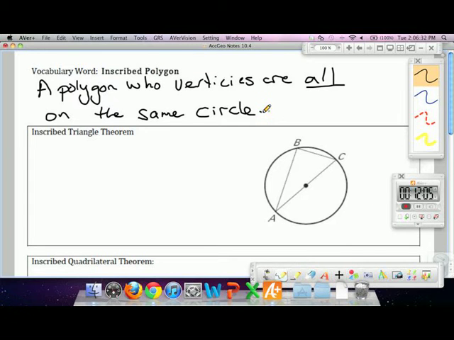Something special about an inscribed triangle is the following.